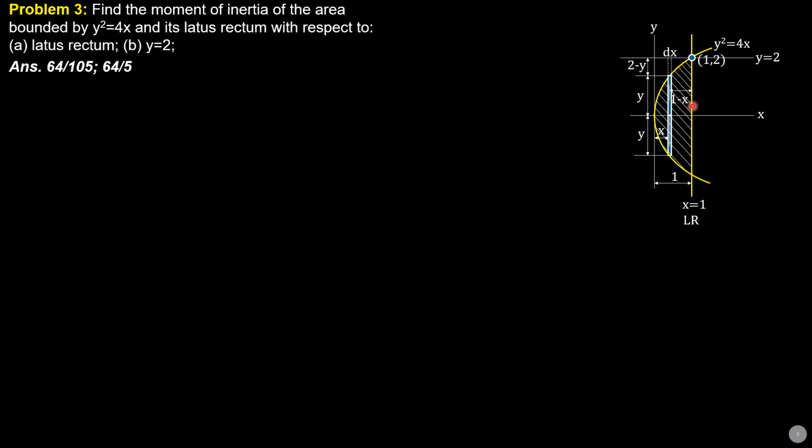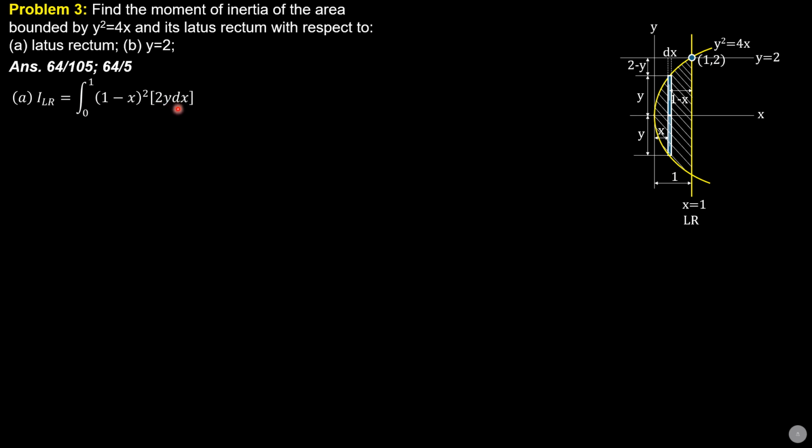Then applying the principle that I with respect to the latus rectum equals the integral of the constant distance squared, (1 minus x) squared, then the differential area, which is the height of the strip, which is just y, and the thickness is dx. Because we consider also this entire region, the differential area would be 2y times dx.